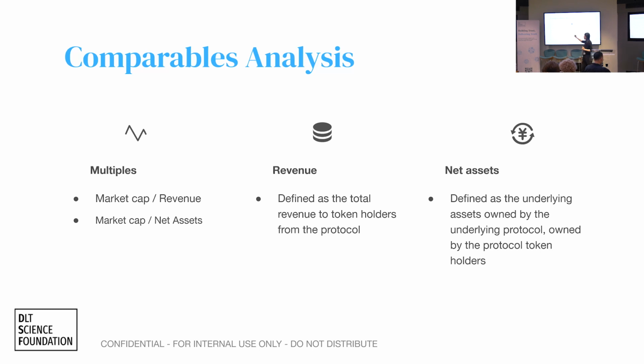We look at the multiples of the different protocols and then compare them with the same category of traditional finance, just to get a feeling of relative underpricing or overpricing, I wouldn't say absolute.